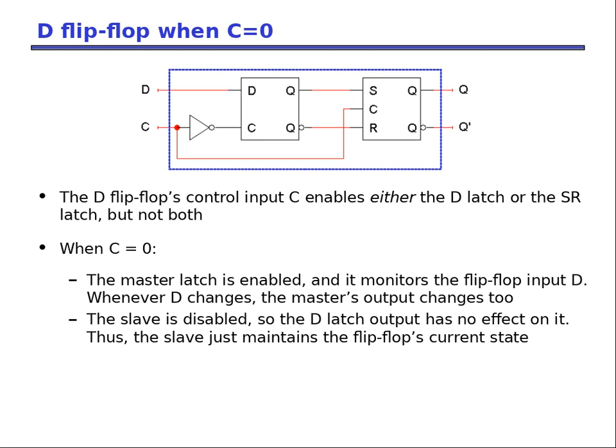But that means that the C going to the D latch, so C 0 makes it a 1, so the D latch, the master D latch, is going to change its value based on what the data value is. So at first, it's going to take and store what's in the D latch. The SR latch is still going to output its previous value, which may or may not be the same as what the D latch was before.